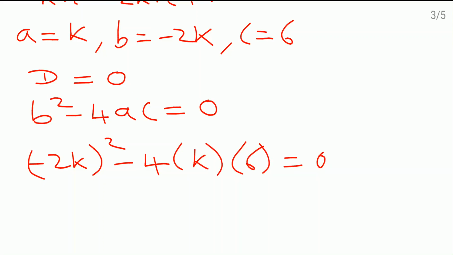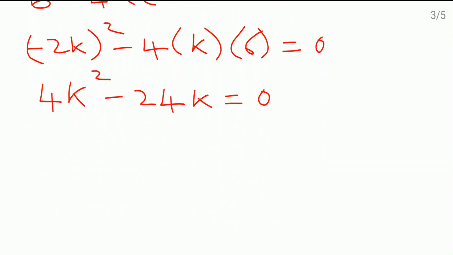So 2k square. This negative sign will become positive. So here 4k square minus 6 4s are 24k, which is equal to 0. We will take 4k common. So 4k is common here. k is left, minus 6 is left, which is equal to 0.